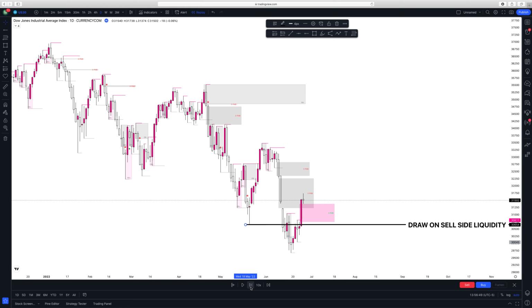So I do see a bullish fair value gap has formed, but what I don't see is it had formed a bullish order block.